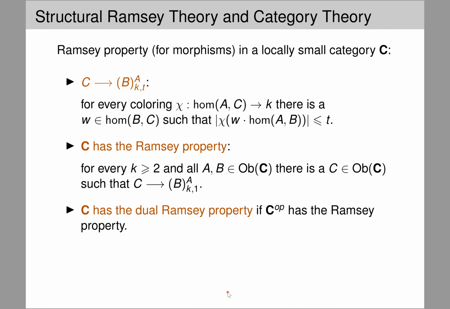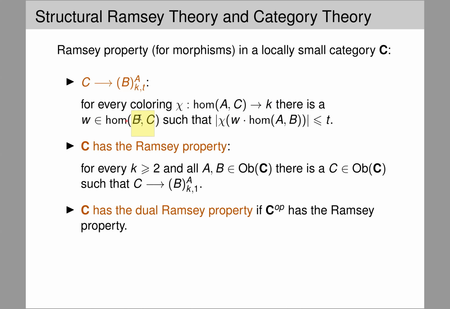So the first thing to do is to somehow reinterpret the structural Ramsey theory in the language of category theory. And this goes straightforwardly. We say that C is Ramsey for B, A, K, and T if for every coloring of morphisms from A to C with K colors, there is a morphism from B to C. So it's an arrow that tells us which particular copy of B in C will be the oligochromatic one.